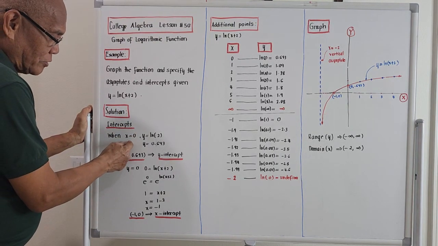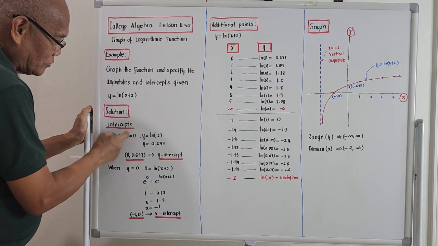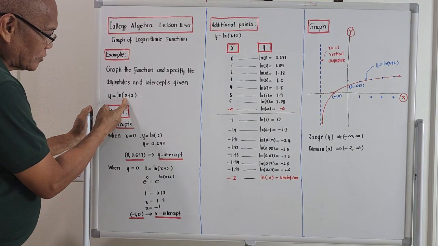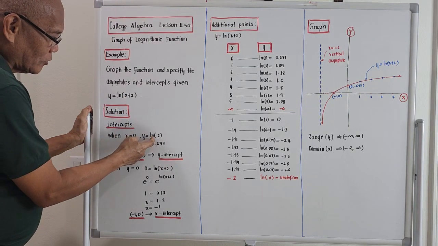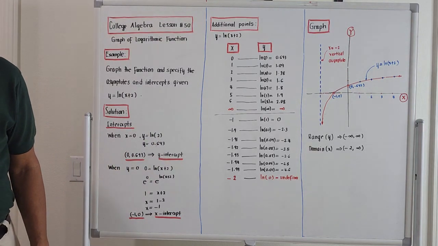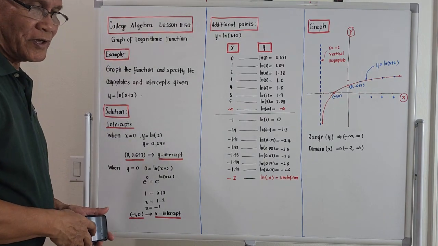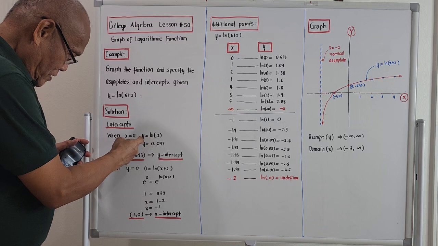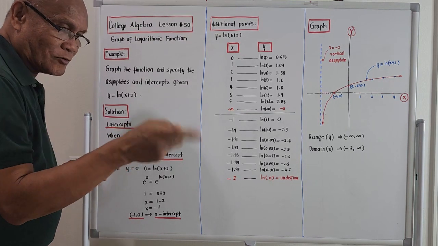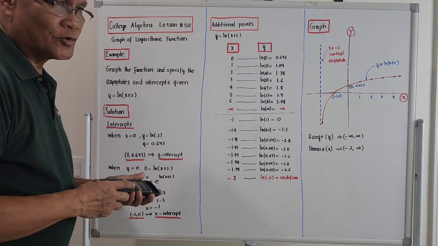When x is equal to 0, back to the given logarithmic equation, y should be equal to the natural logarithm of 2. So the y-intercept actually exists, because when x is 0, y is equal to the natural logarithm of 2, which is a real number, and we can bring that out using the calculator.